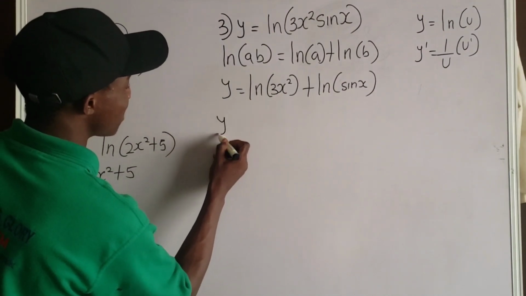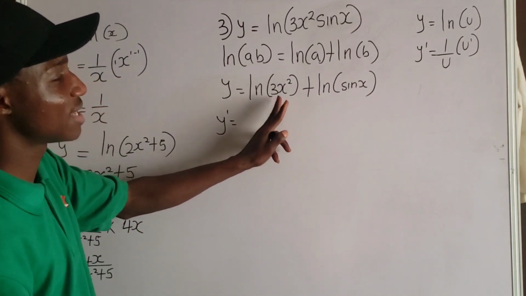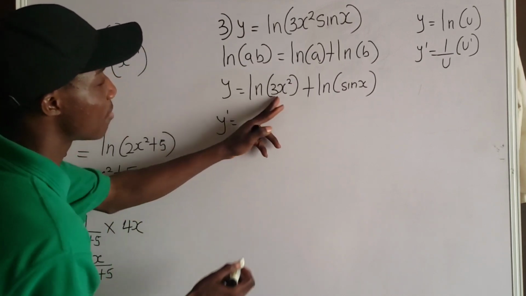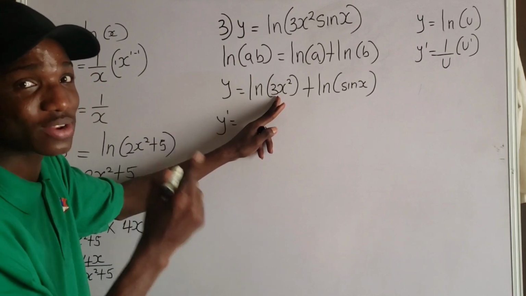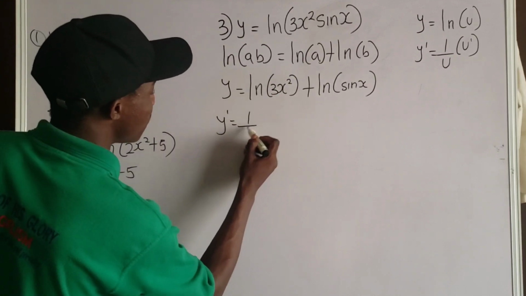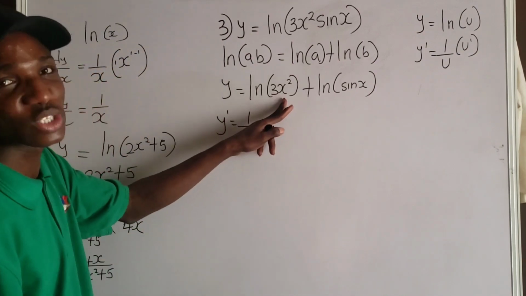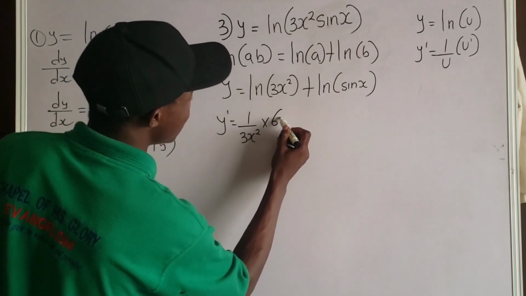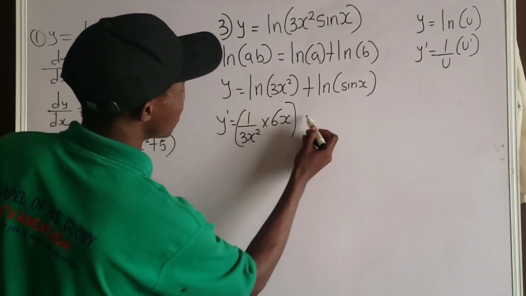The derivative of y now becomes, the parameter in this bracket is 3x squared. So I first take the inverse of 3x squared, which is 1 over 3x squared, multiplied by the derivative of 3x squared, which is 6x using the power rule. So multiplied by 6x. You understand? Let me put all of it in brackets, plus.